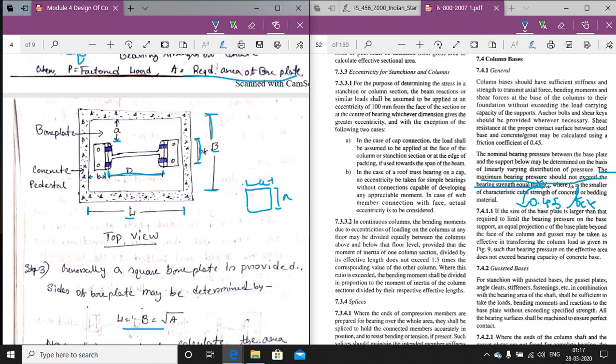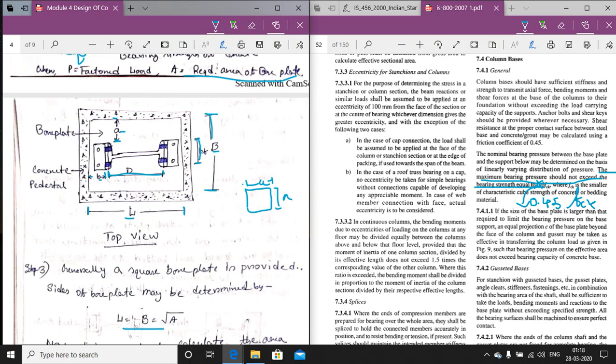So two projections are there. If we can determine these two projection values A and B, and we know the value of D and the value of BF, then we can determine the total L and total B. You need to understand this very clearly.